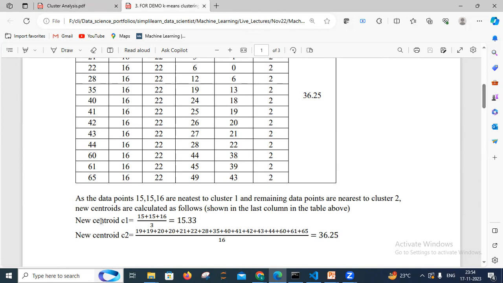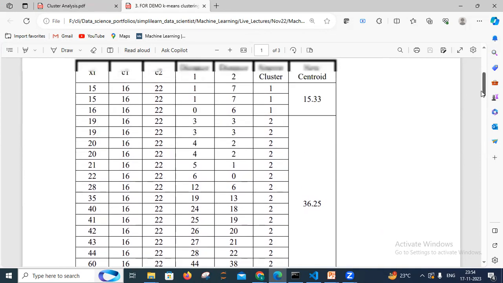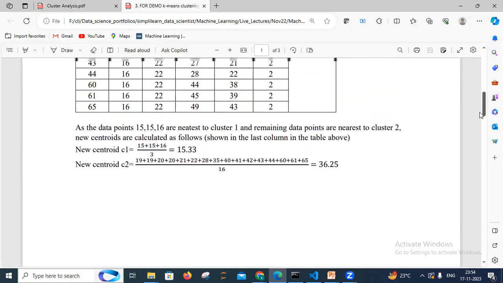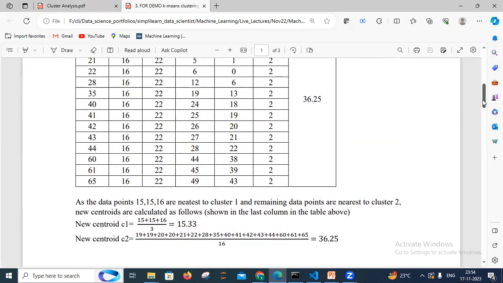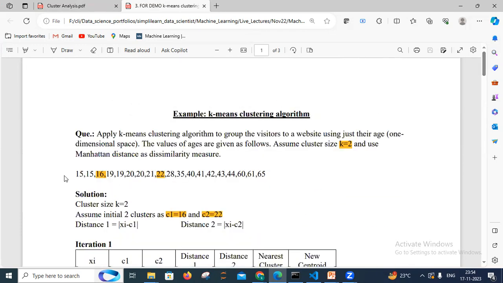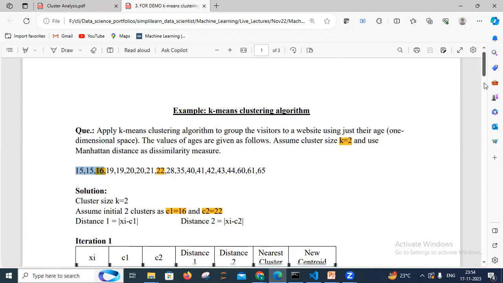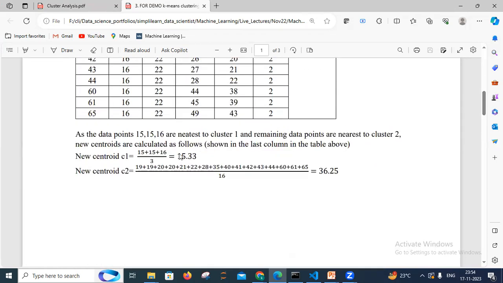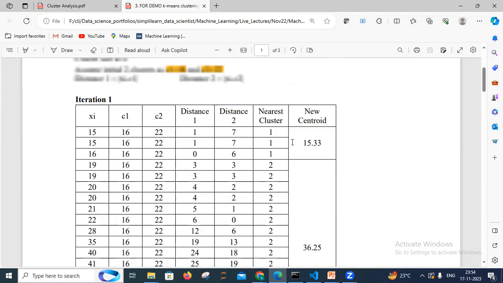The new centroid C1 is 15.33. That means we calculate the mean: 15 plus 15 plus 16, divided by 3. The value will be 15.33, and this is the new centroid.